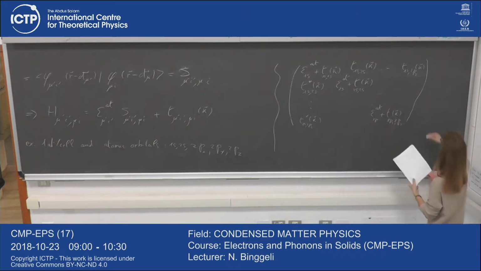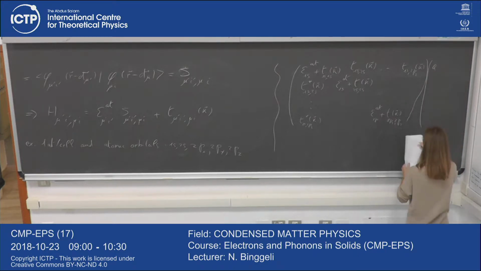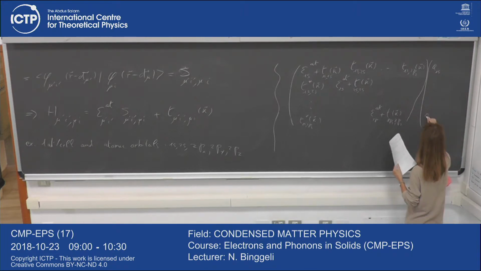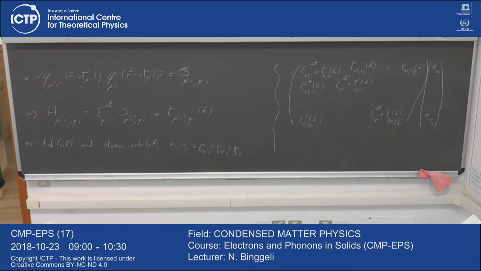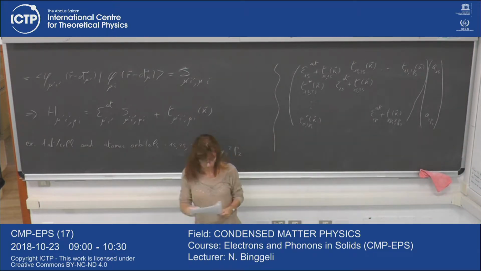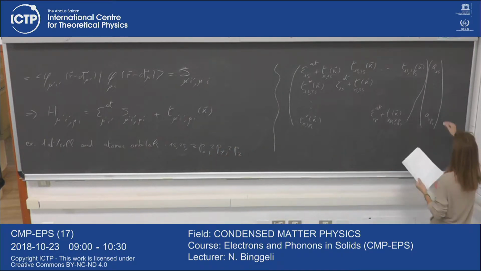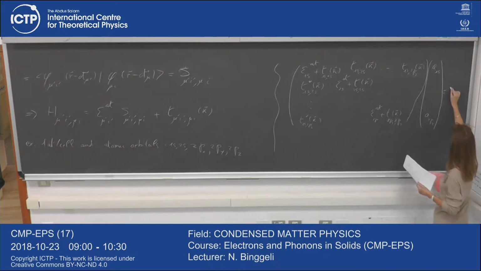Okay, so this is the matrix, and the vector is the vector of the coefficients A1s and so on up to A2pz. The coefficients of the basis functions, the development of the eigenstate, the Bloch state, in terms of the Bloch basis functions, the atomic basis functions.